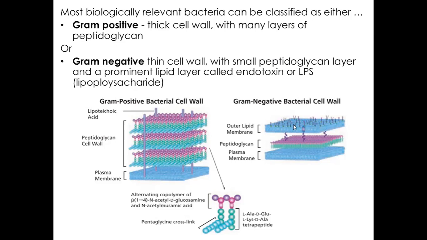This actual endotoxin is what would cause you to get sick if you had food poisoning. Your body will want to reject this. You'll vomit and things like that to get rid of it. And generally speaking, your gram-negative bacteria are a little nastier than your gram-positive usually. And this is, like I said, the main difference. And you can stain bacteria for this difference to see if it's a gram-negative or a gram-positive bacteria.